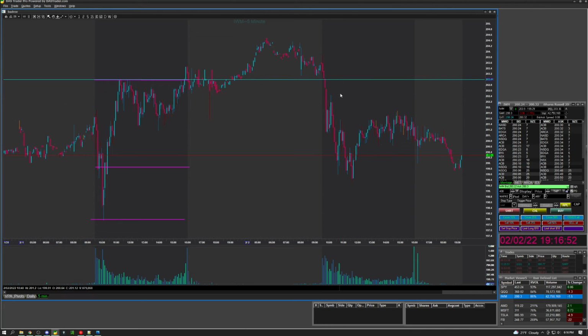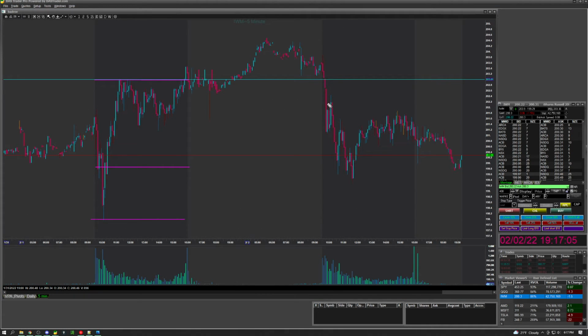And so as long as IWM was underneath 203, I felt like that was going to help my case with holding my QQQ short. Had IWM gotten above it and held, or started to come up and we saw new volume come in, I felt like it was going to break out of 203, well, then I would have taken that into consideration with my QQQ.